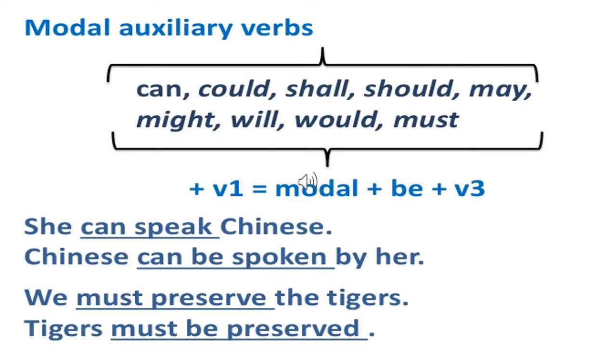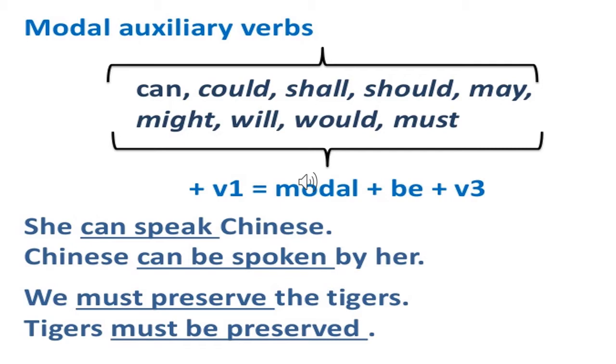If in the active voice, before the verb, the modal auxiliary verb, that is can, could, shall, etc. is there, then in the passive voice, the modal auxiliary verb will be followed by the word be, and then the past participle form of the verb will be written.